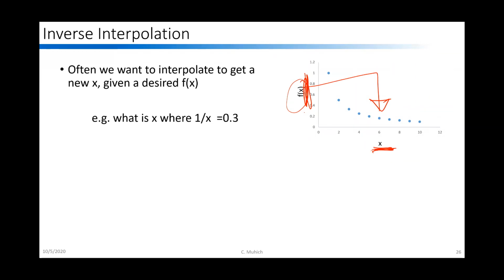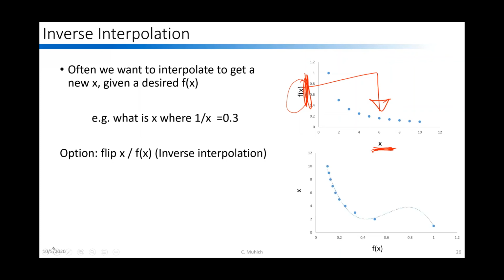The first option to go backwards would be to flip the x and the y. So plot the x that we're looking for against this f of x that we have. Can we just take this x, put it here, take that f of x, put it on the x-axis, and then fit a curve, interpolate some sort of curve?